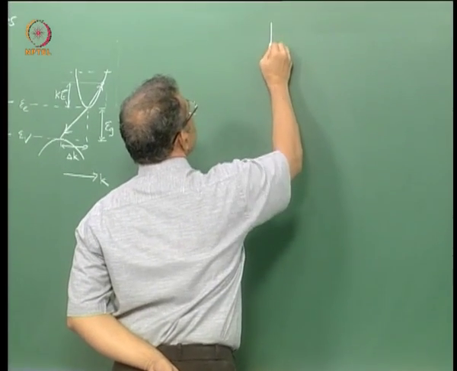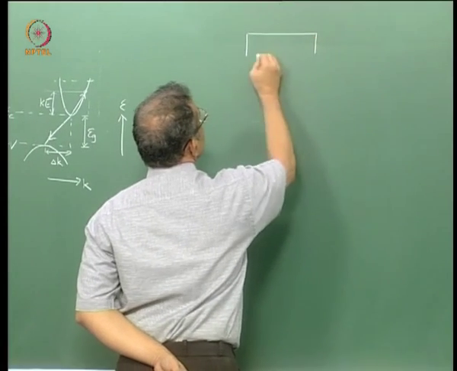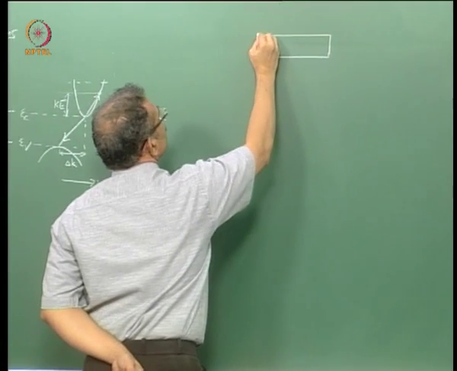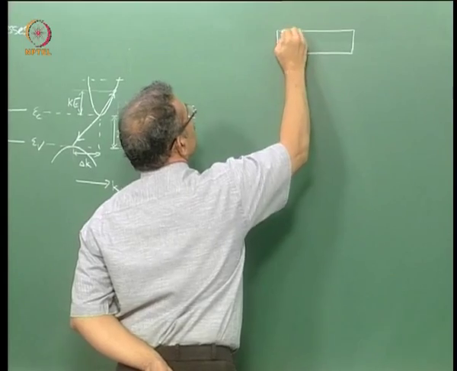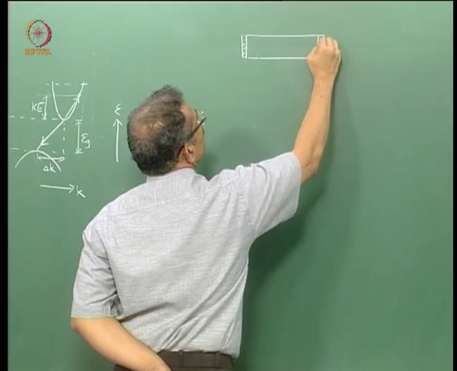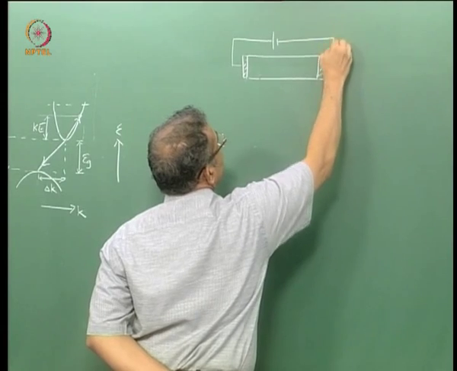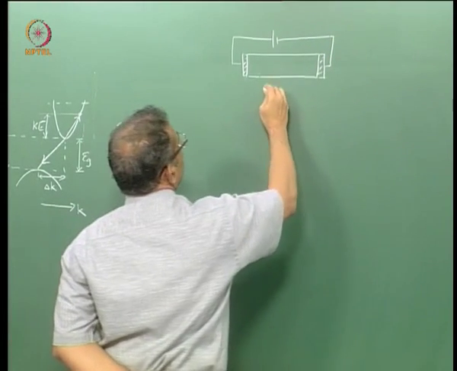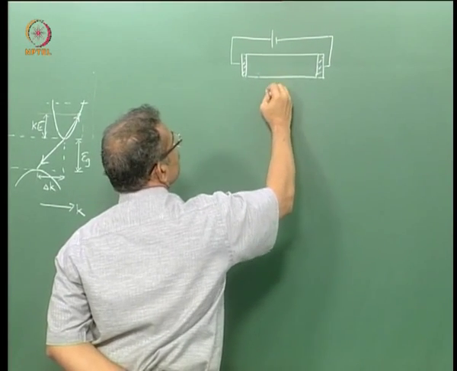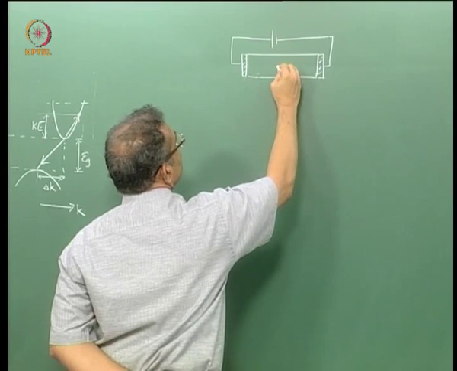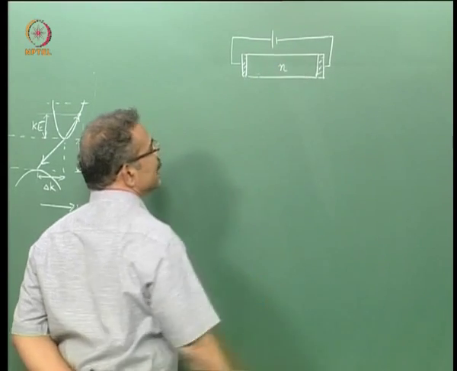So you have a semiconductor like this. Let us assume a uniform semiconductor to which a voltage has been applied, and you want to show the drift process here. The semiconductor may be N type or P type, let us say it is N type.